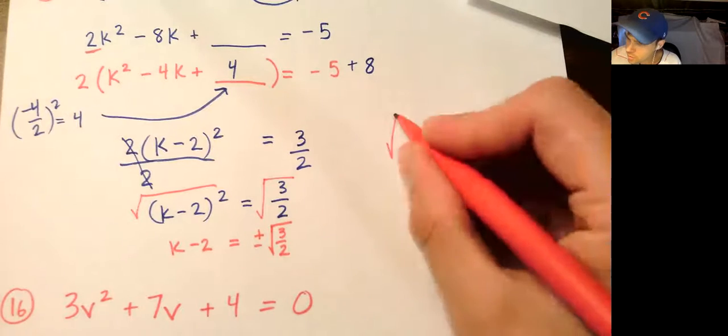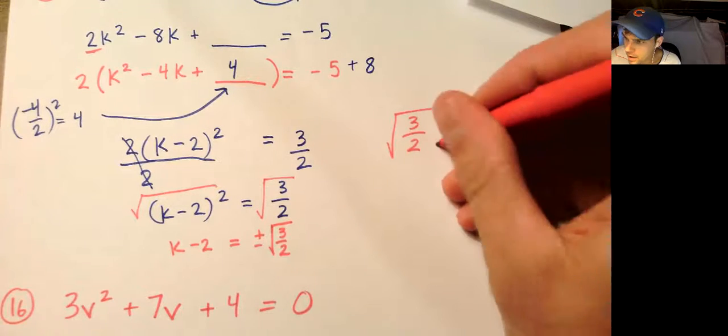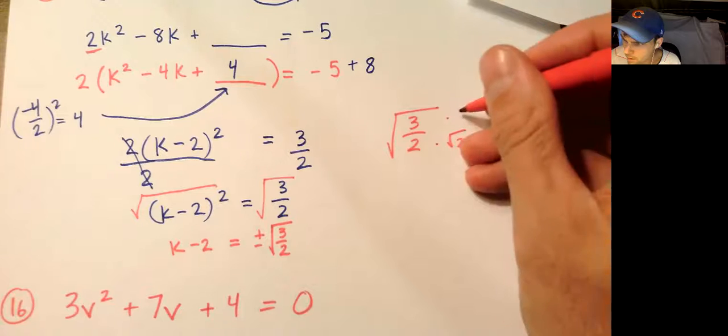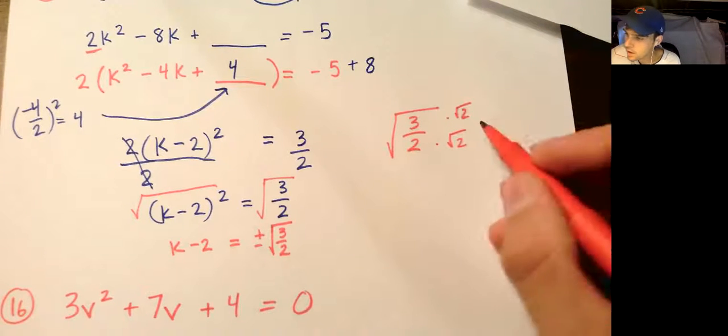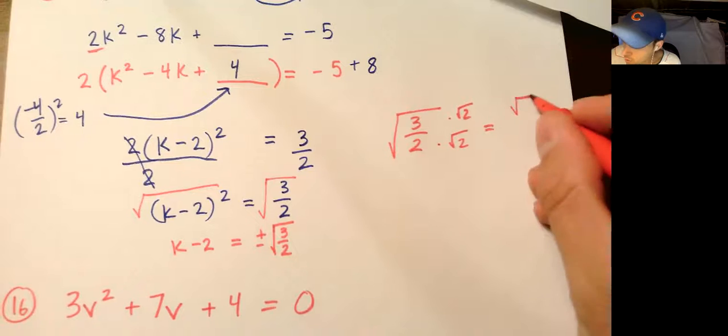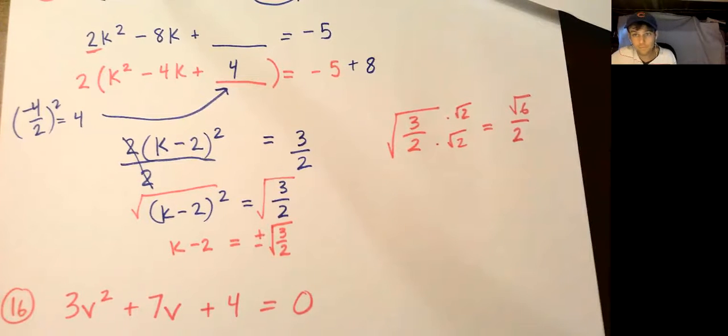So square root of 3 over 2. I need to multiply by the square root of 2 on the top and the bottom to get rid of that. So that becomes square root of 6 over 2. Okay.